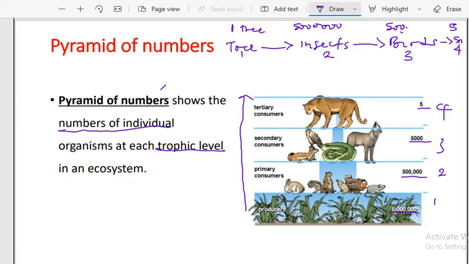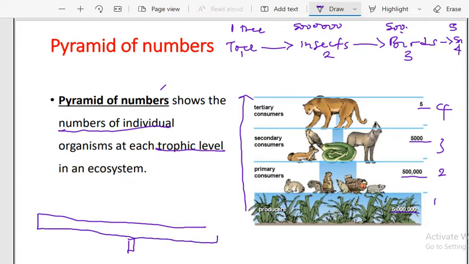So if you want to plot this on a pyramid, it will not give you a pyramid shape. We have a tree. The tree is just one, so it will be the smallest in this case. Then followed by 5 million insects on a single tree. That would be quite large. Sorry for my lines, I'm still learning how to use this pen.